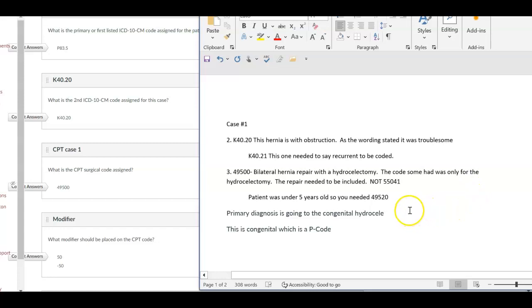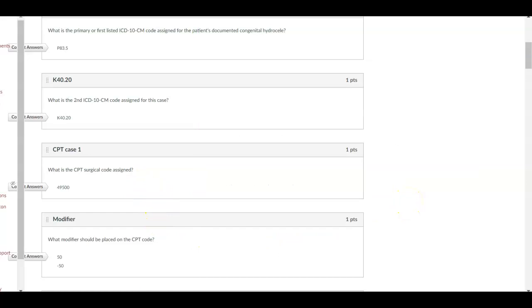The patient was under 5 years old. So some had 49520. We have to remember that we need the 49500. Couple of other things here. I talked about the primary diagnosis for this one, and make sure we know it's congenital. That's why we need the P code. All right, so let's go ahead and get those put into our system.